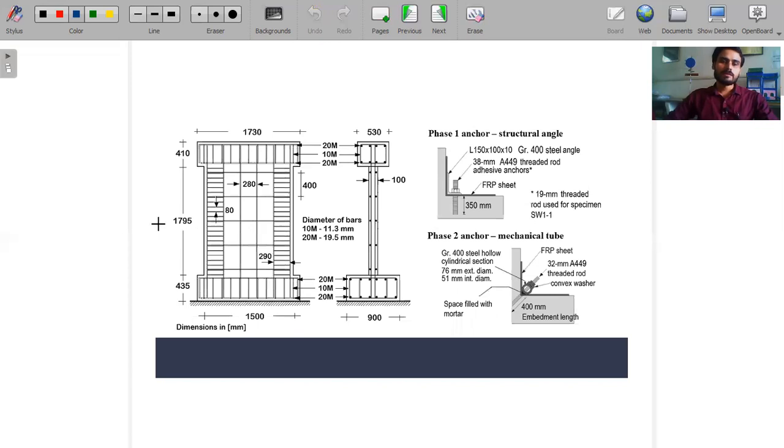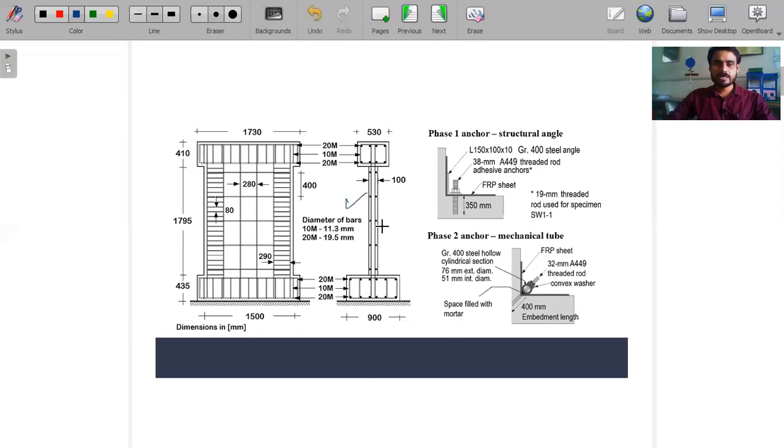Here we can see in detail the distribution of reinforcement. In the edges we can see the density of reinforcement is more, placed in a pattern like columns, with stirrup bars. By the stirrup bars, the longitudinal reinforcement is tied up at both edges, and at the top and bottom it is placed like a beam. In the middle span, the steel is placed as in a slab.